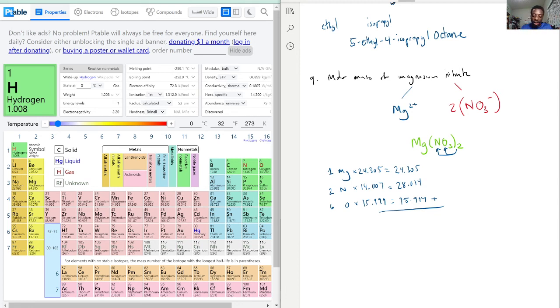And once I put that in the calculator, we should be able to find our answer, plus 28.014. In total, we get 148.313 grams per mole. That right here is a molar mass of magnesium nitrate.